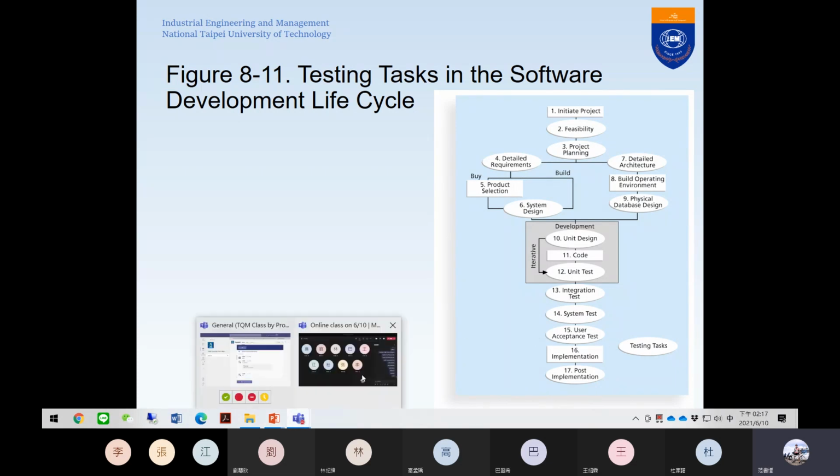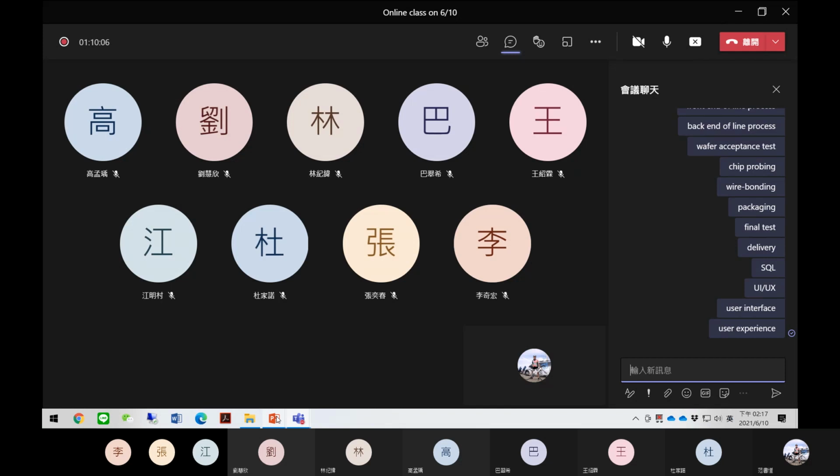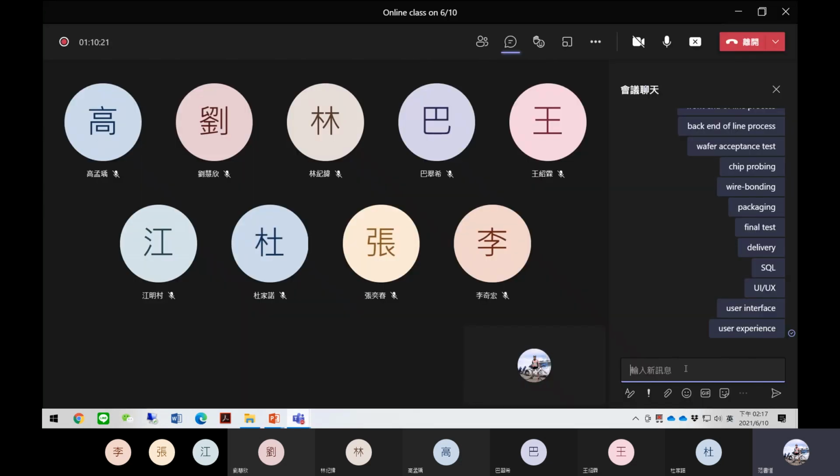This is known as the UI or UX, the user interface and the user experience. Finally we get the user acceptance test, then the implementation, and finally it should be followed by maintenance.